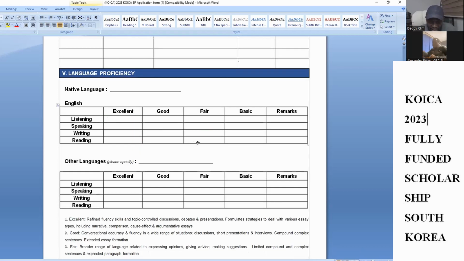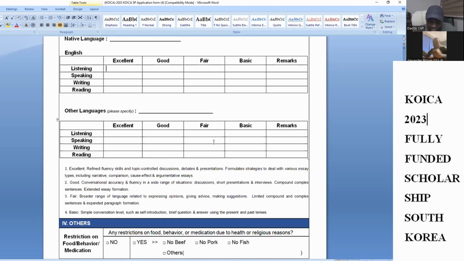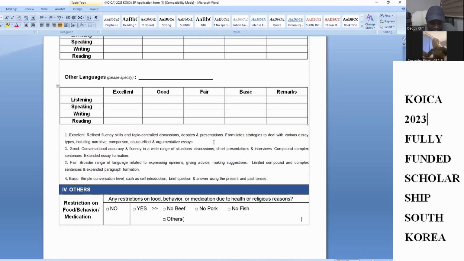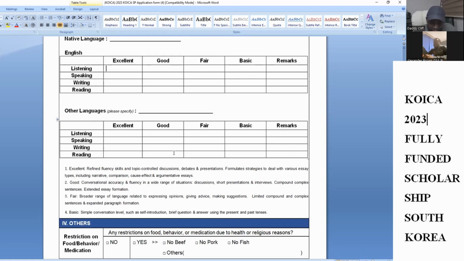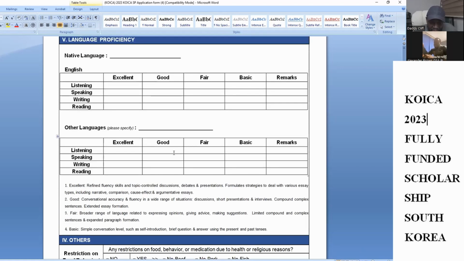If you check on the same page when you go down, they've given descriptions and defined fluency. You check those, and you make sure that where you fall when it comes to listening, speaking, writing, and reading, you just write it there.